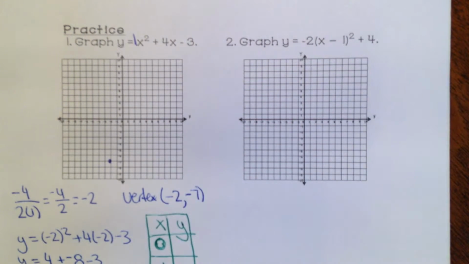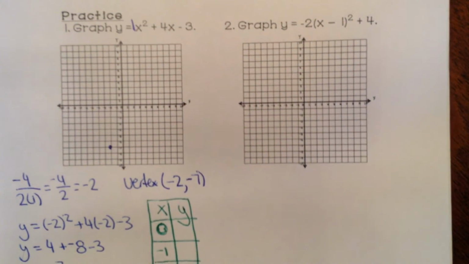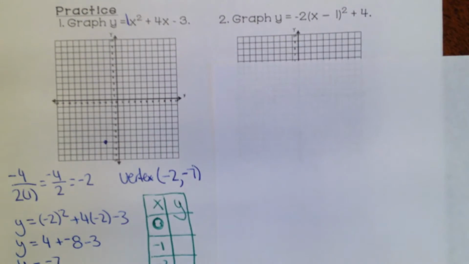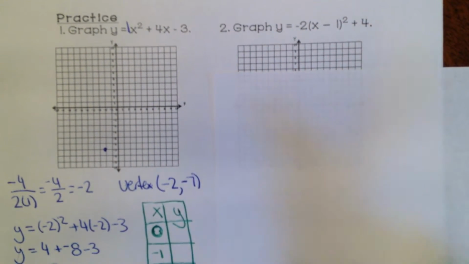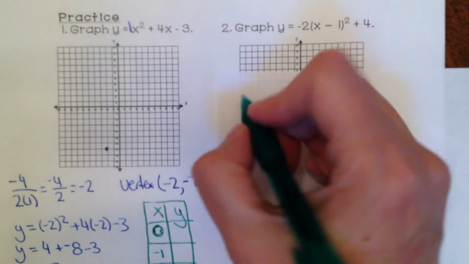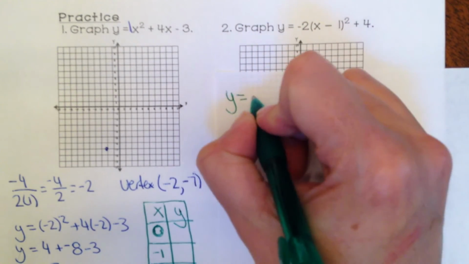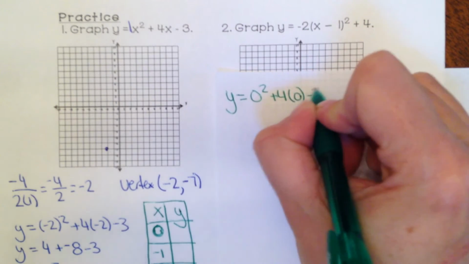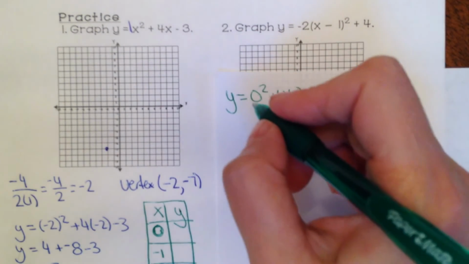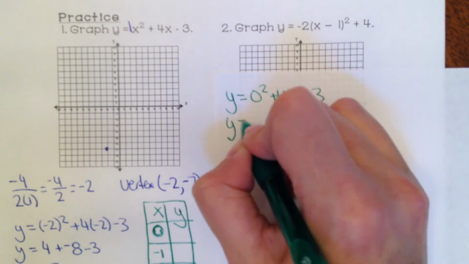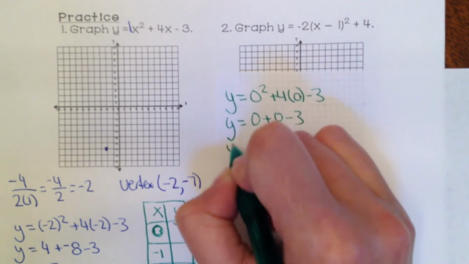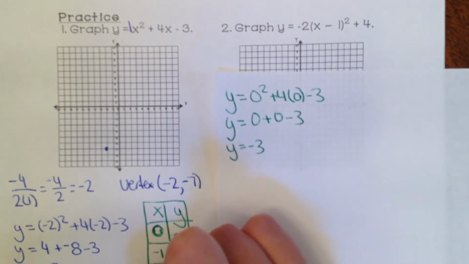Okay, so I'm going to plug these in. I'm going to grab a separate sheet of paper, and using my equation, I'm first going to plug in 0. So we have y equals 0 squared plus 4 times 0 minus 3. Simplify that, and we have y equals 0 plus 0 minus 3, which is -3.